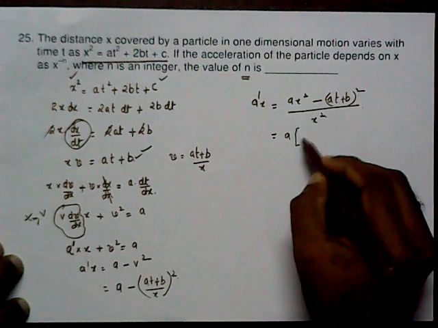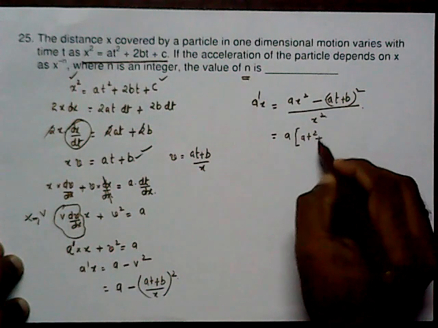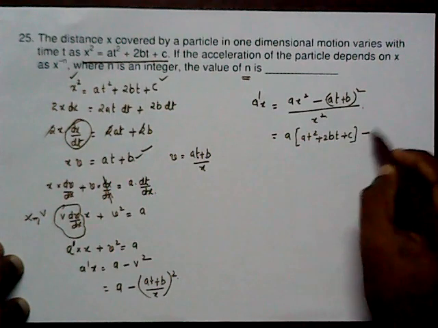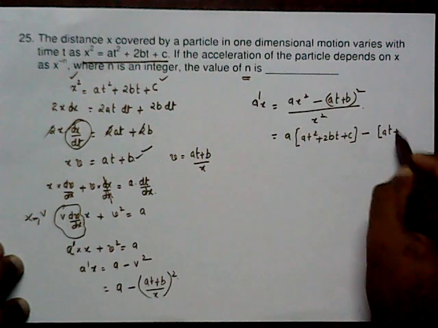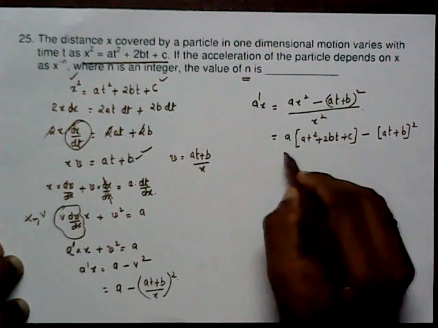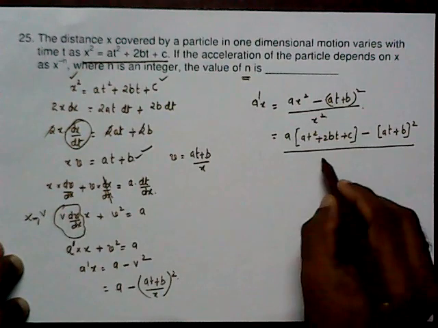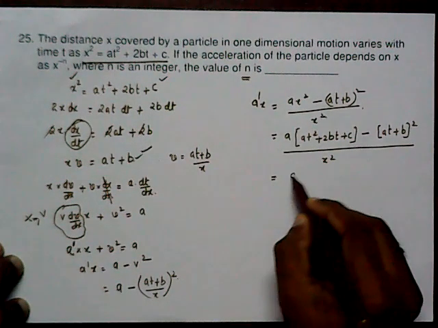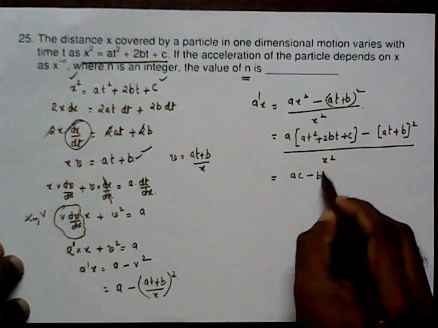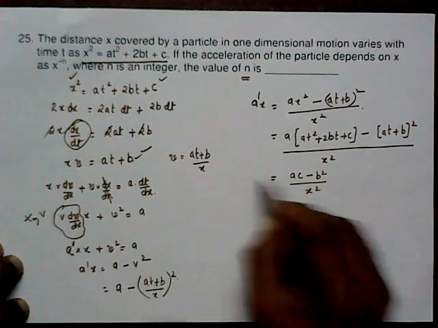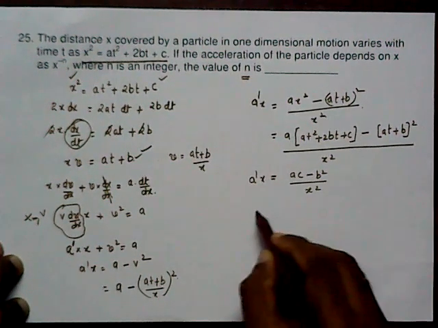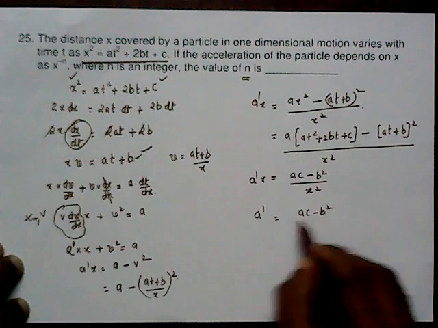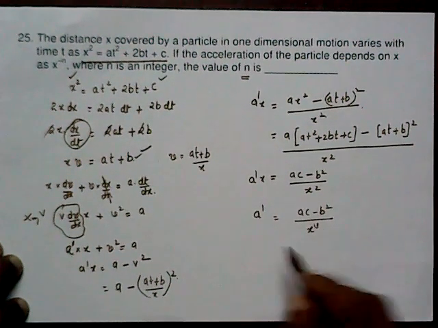That is equal to a t square plus 2bt plus c, minus at plus b whole square, by x square. You just distribute, you get the value as ac minus b square by x square. So that is a dash x. Our aim is to find a dash, so that is ac minus b square by x cube.